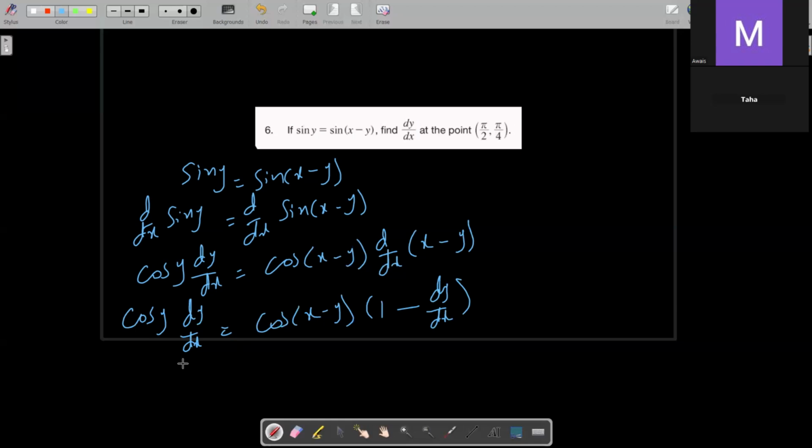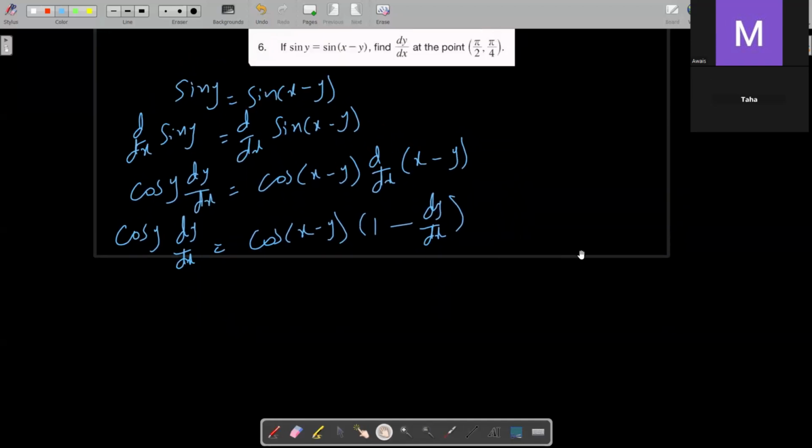We can just multiply cosine x minus y inside the parentheses. So you would get cosine y dy by dx equals cosine x minus y. When you multiply this whole thing with 1, you would get this one.